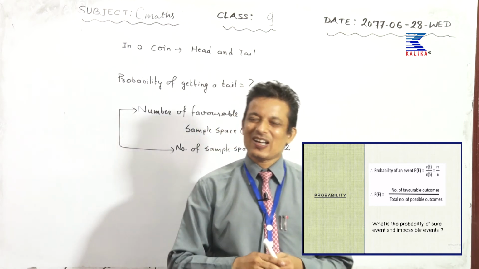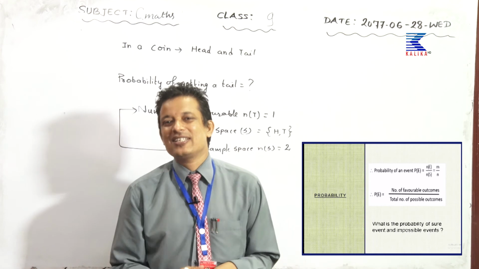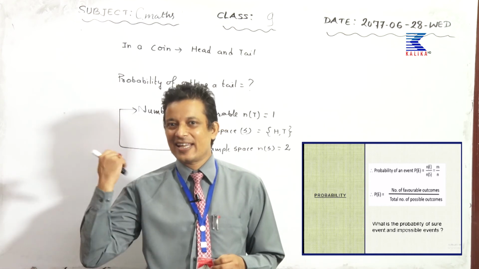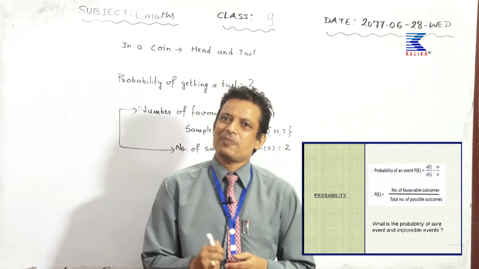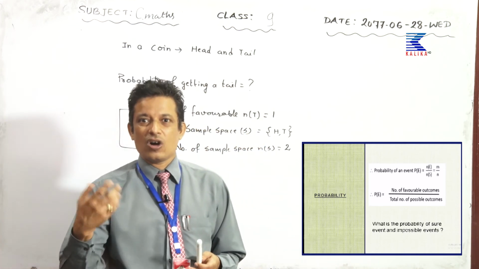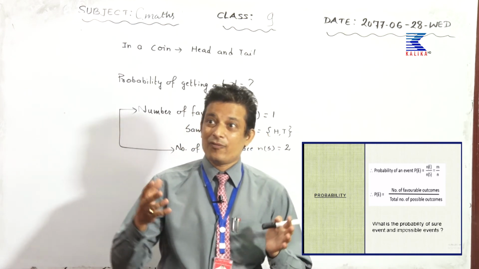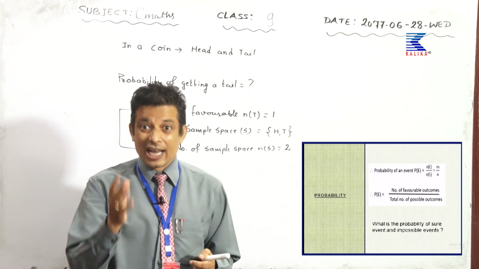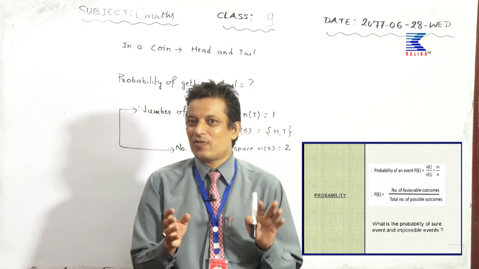So, dear student, finally, we have reached the calculation of the probability of getting a tail or getting a head. Simply remember, probability means a chance of occurrence. Nowadays, IPL is going on, and many of you may be interested in watching IPL.